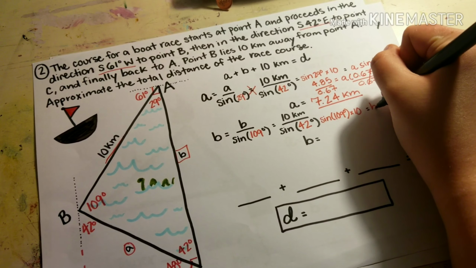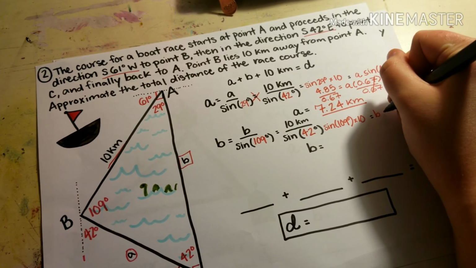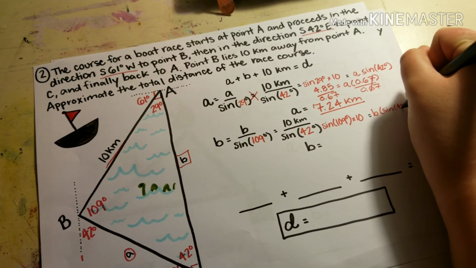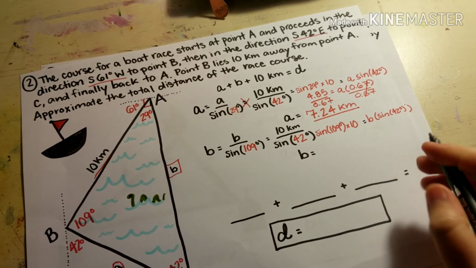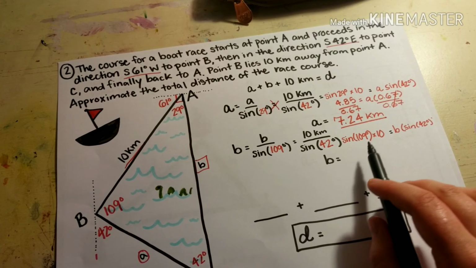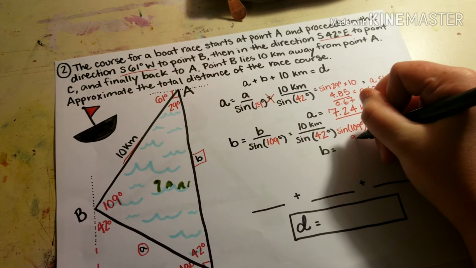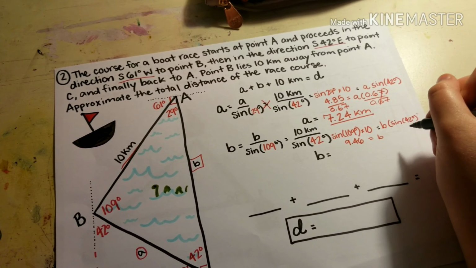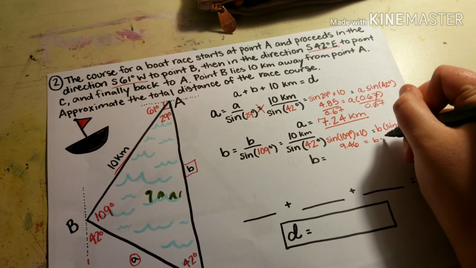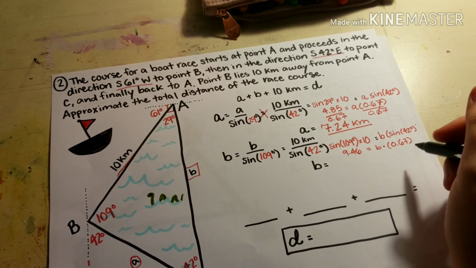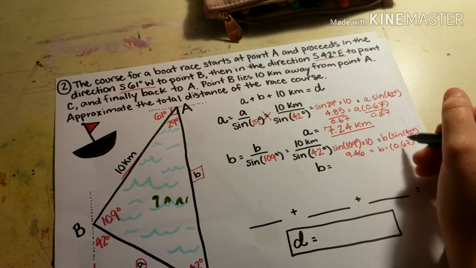And this time it's B times the sine of 42 degrees. So when you simplify this side, this will give you 9.46, and this will give you B times 0.67, just like you had up there.